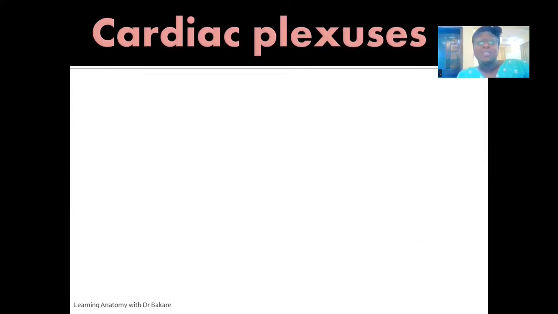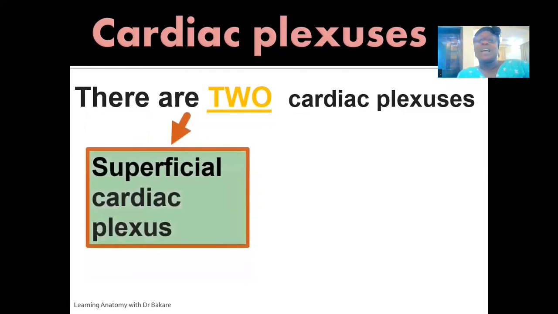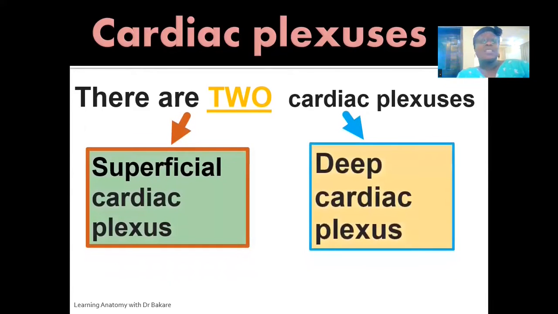The cardiac plexus first are two in number. We have the superficial cardiac plexus and we have the deep cardiac plexus. Just as the name implies, the superficial cardiac plexus is placed superficially, while the deep cardiac plexus is placed deep to the superficial cardiac plexus. So the superficial and the deep cardiac plexus are seen to also supply nerves to form another plexus that is called the coronary plexus.